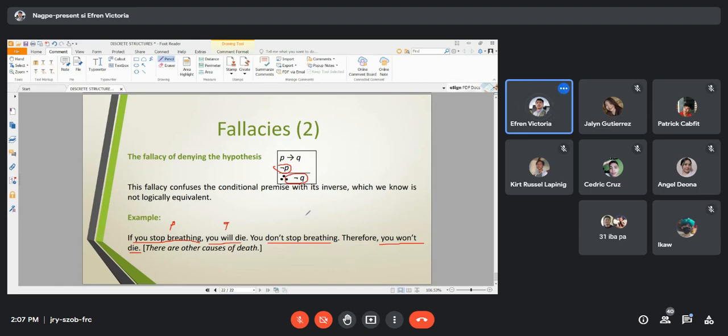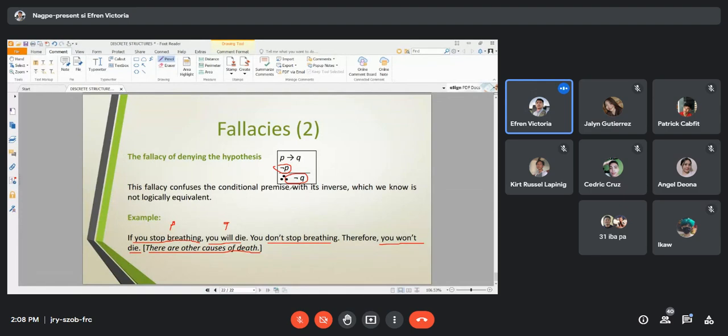It's a fallacy. Why? Because there are other causes of death. There is no assurance that if you don't stop breathing, you will not die. You can die through an accident or an illness or any means that can cause death. So, it's a fallacy, an invalid argument form.